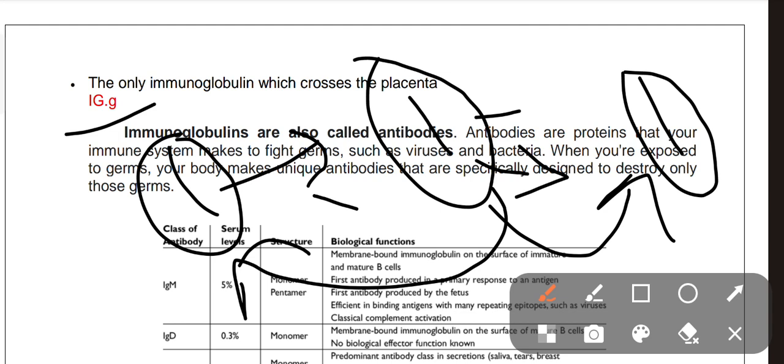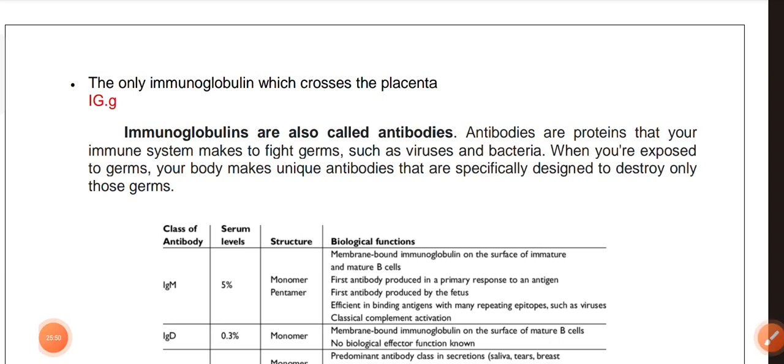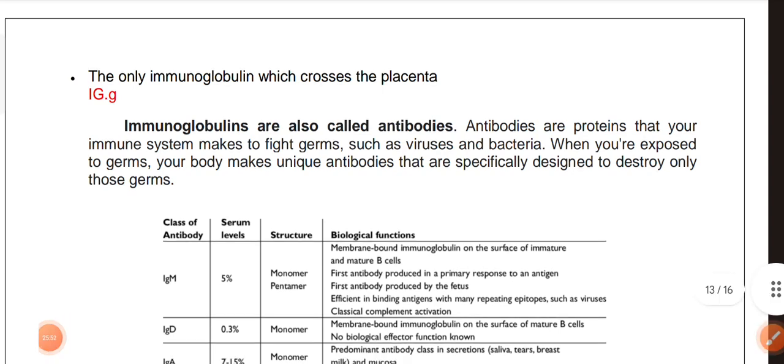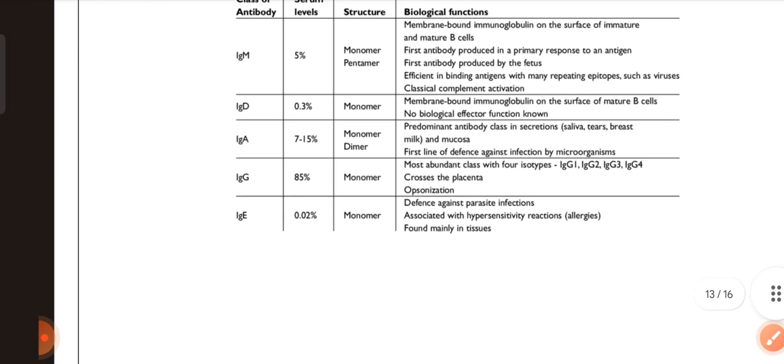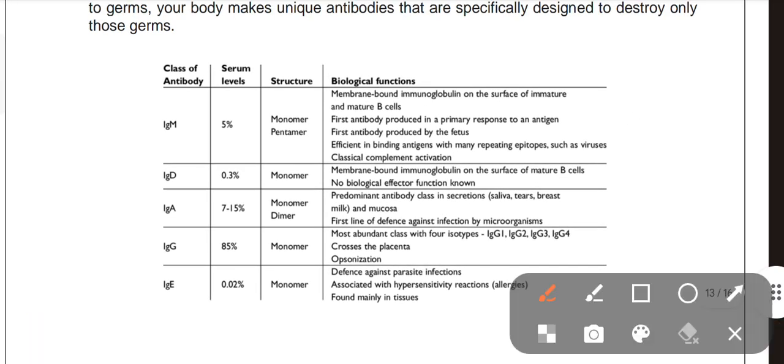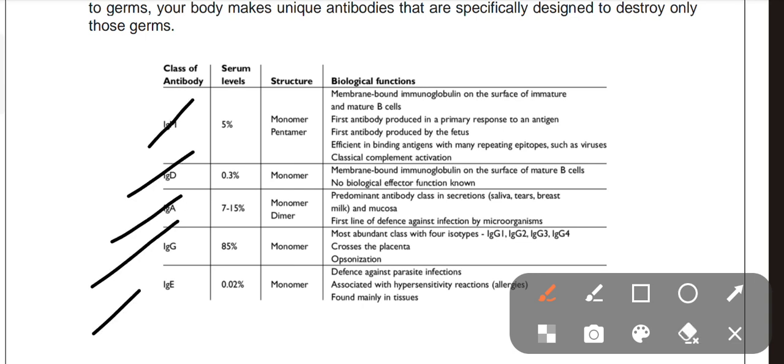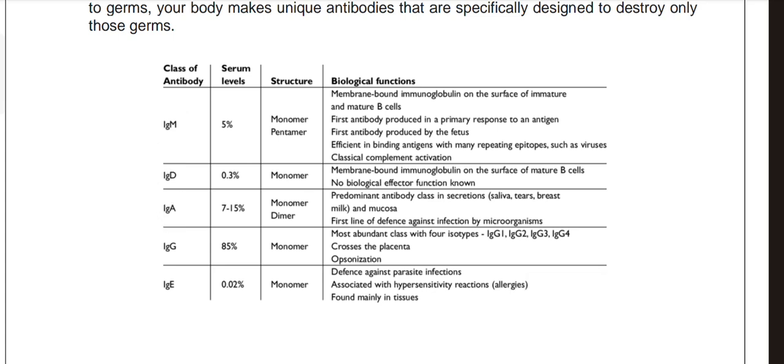So the same antigen and antibody reaction is called pathogenesis. And we can see the types of antibodies over here: IgM, IgD, IgA, IgG, and IgE. These are the types of antibodies we can see in our body. You can take a screenshot for review.